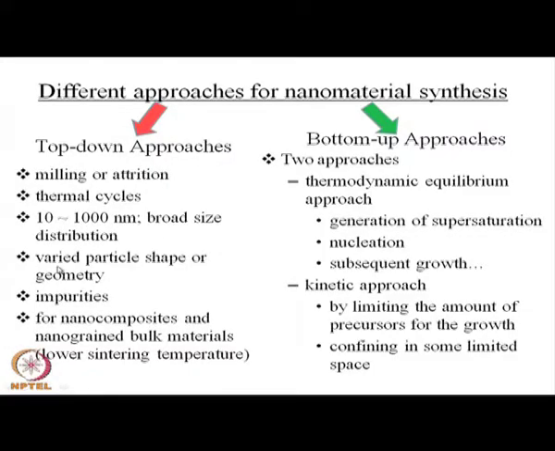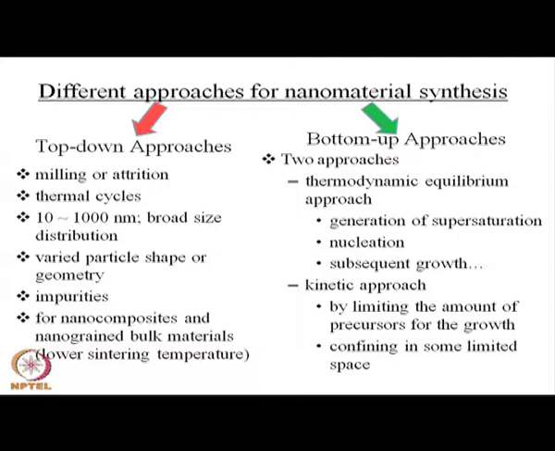And of course, naturally, since there is a wider size distribution, the shape or geometry of the individual particles which you are generating is different. So, you cannot get this reproducible geometry every time. Impurities are also matters of concern.